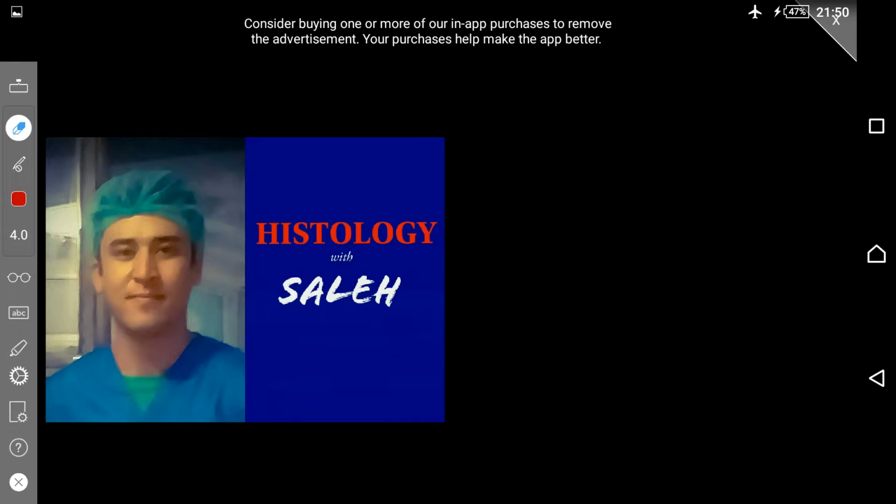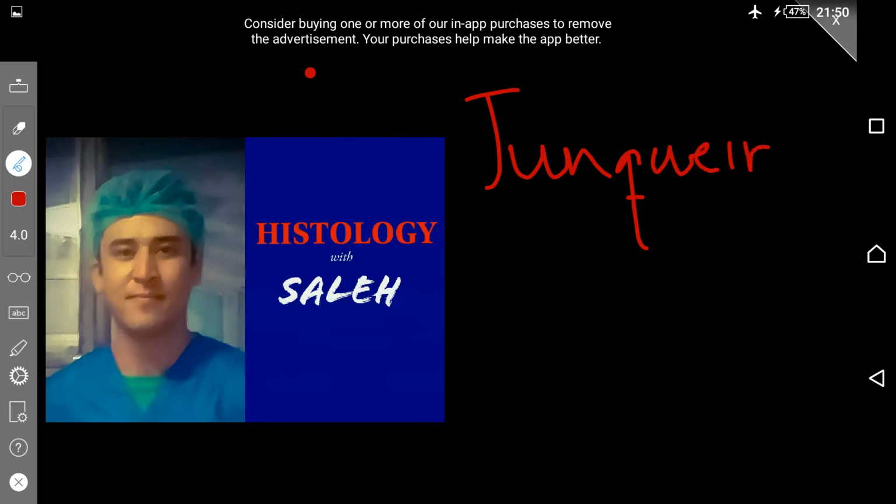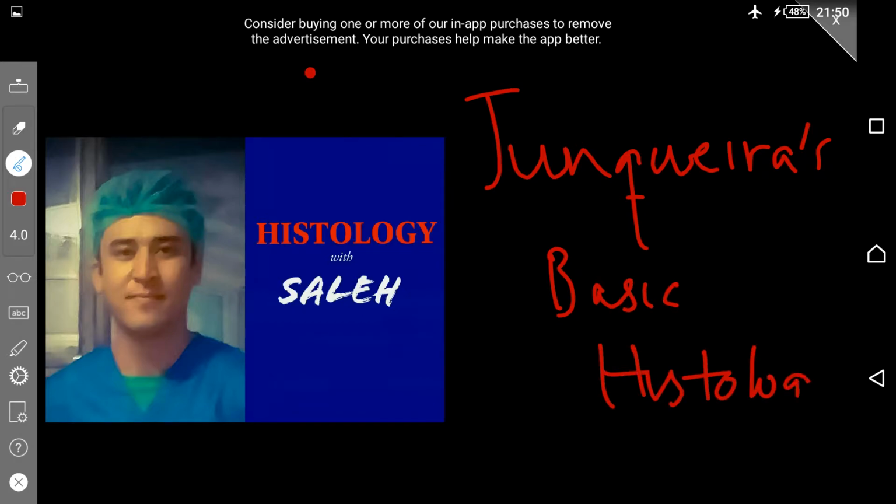You're most welcome, and for studying histology, we will have a reference book. The reference book that we will use in this series will be Junqueira's Basic Histology. Junqueira's Basic Histology is one of the most famous and successful medical textbooks throughout the world, especially in the field of histology and biology of the tissue.